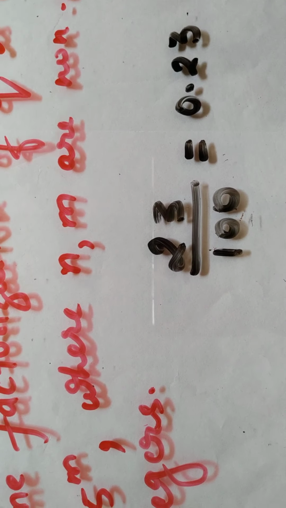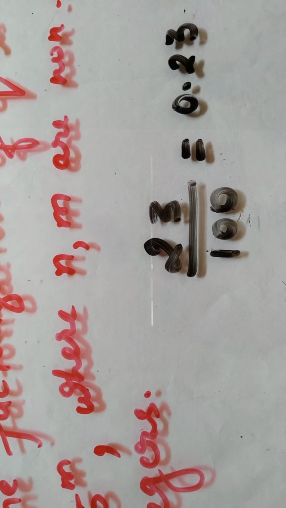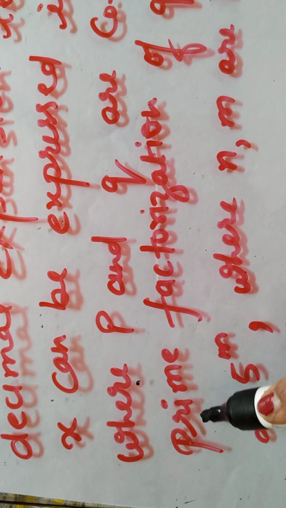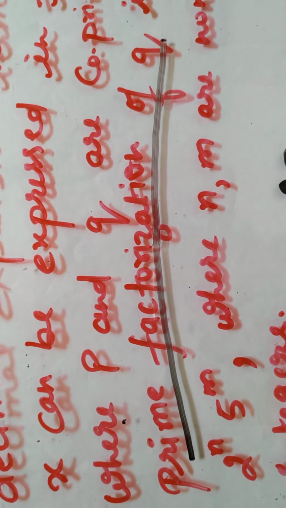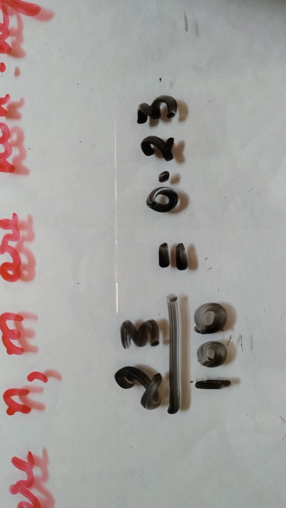Okay, now if it is terminating, in our theorem it is clearly stated that the prime factorization of Q is in the form of 2 to the power n and 5 to the power m. So we try to factorize 100.